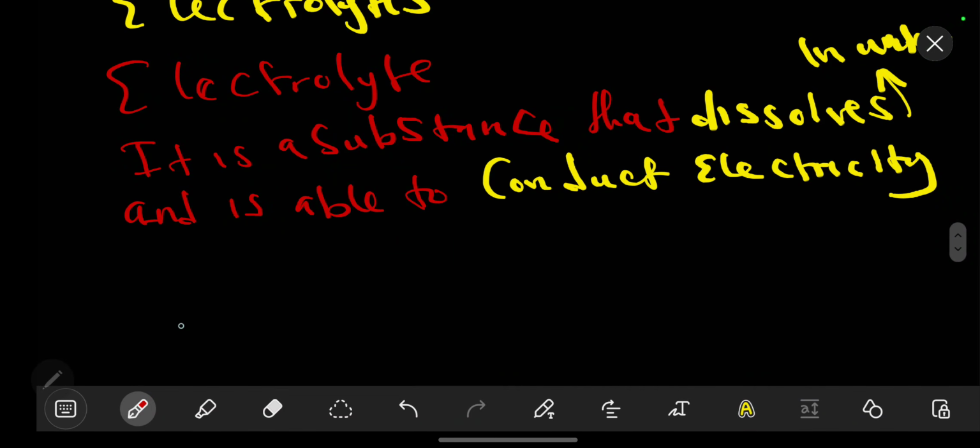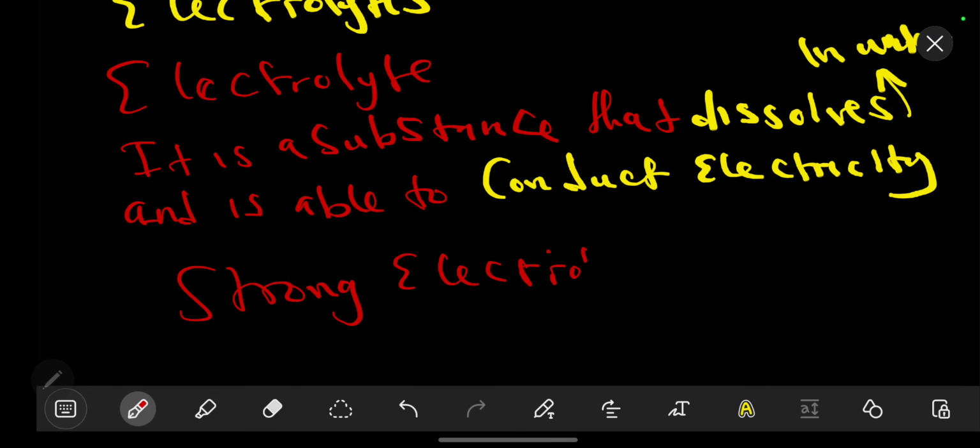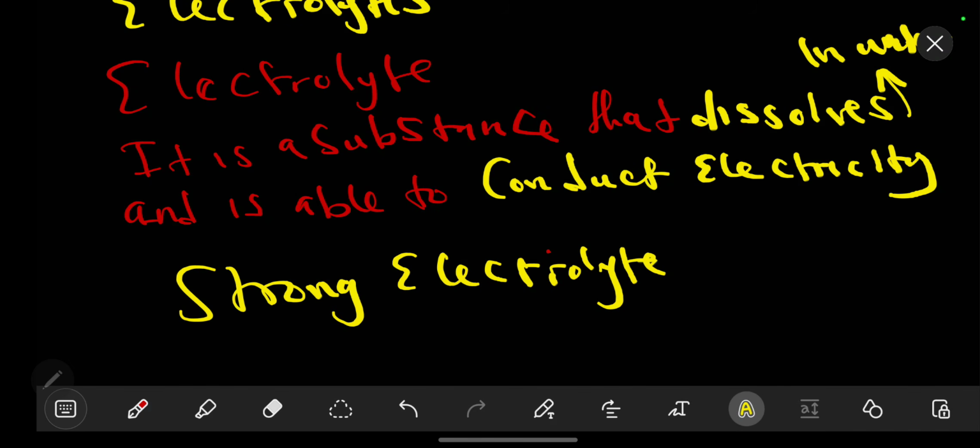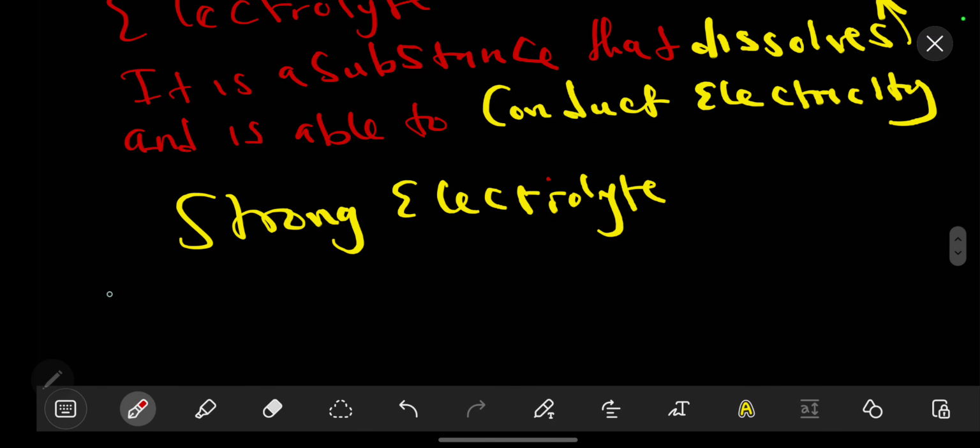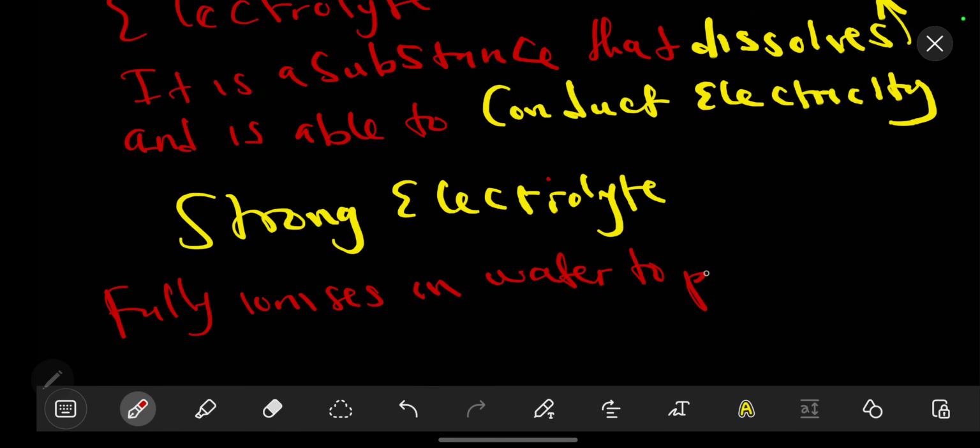Now, an electrolyte may be a strong electrolyte. When we look at the strong electrolyte, this one fully ionizes in water to produce many ions.